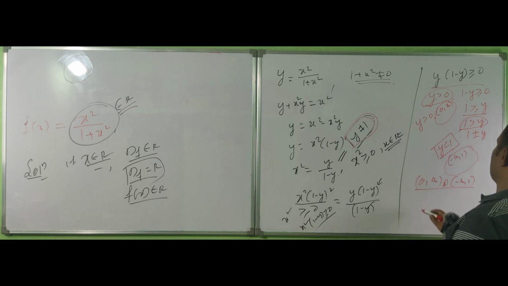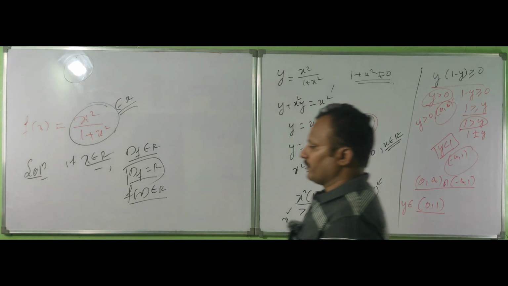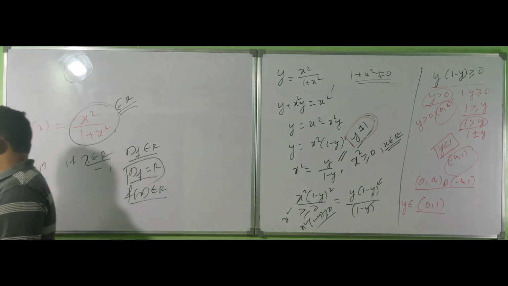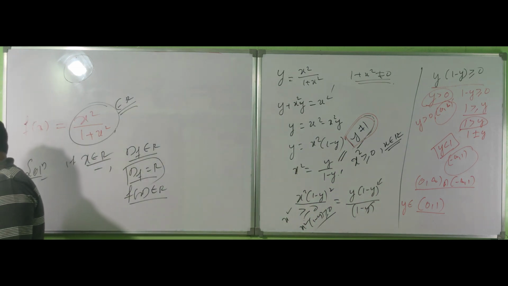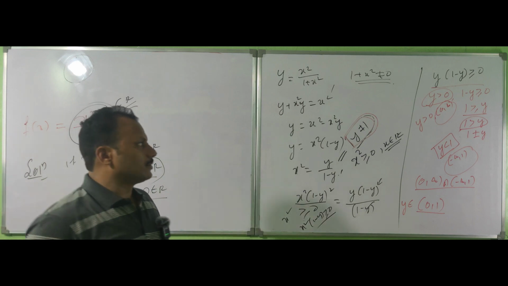This means 0 to 1 only. So y belongs to the range Rf. They have given 0, na.